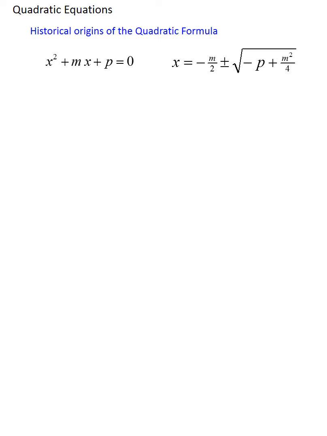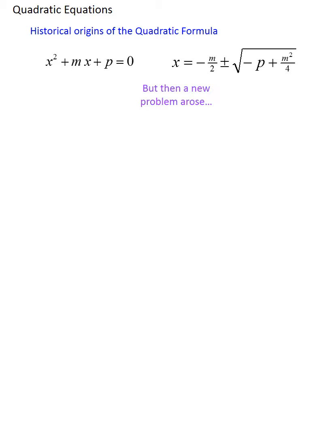So we could use this formula to solve the problem we did. We could use it to solve this problem, or this one, or this one, or that one, or anything that has an m and a p but otherwise matches that format. So whatever specific numbers m and p are, we could use this formula to solve it.